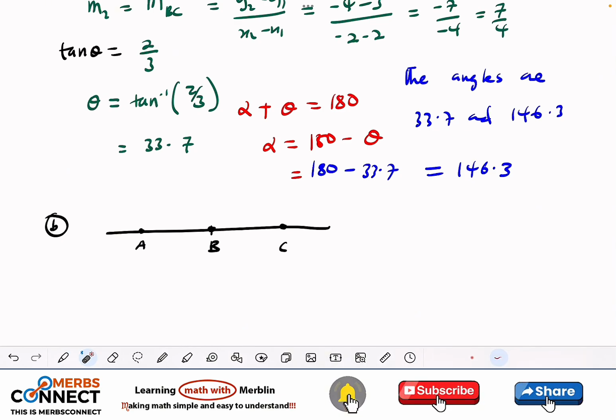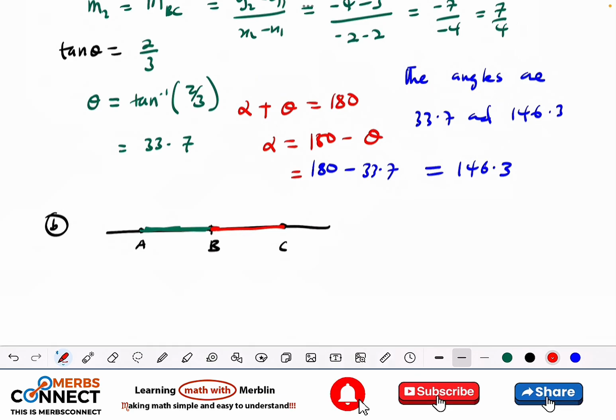So I can pick this line A to B, and pick this line from B to C, and they should have the same slope.